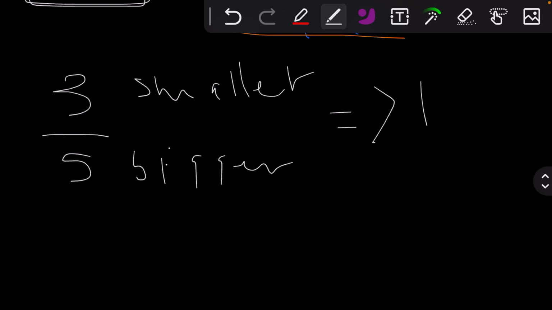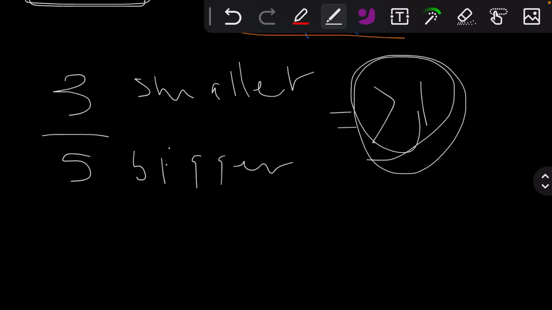So you've got the numbers 1, 2, 3, 4, 5. If the number on top is smaller than the number on bottom, then the fraction as a whole, if we were to put it on the number line, would be less than 1. That's important to know. We've got 1, 2, 3, but it would be greater than 0.